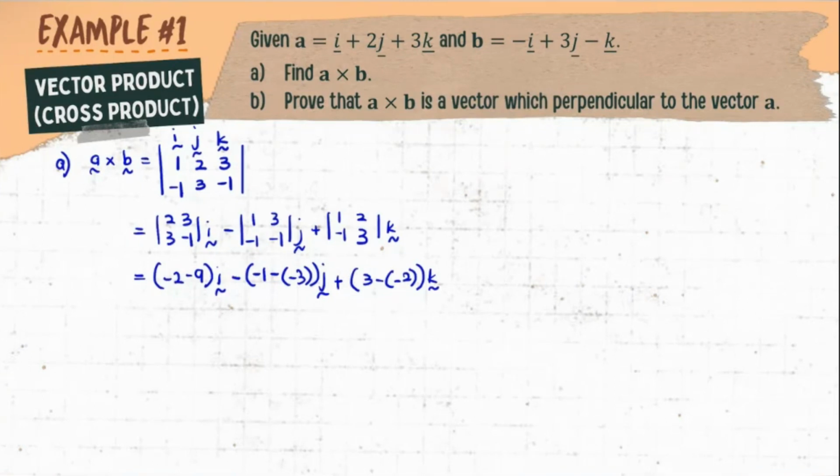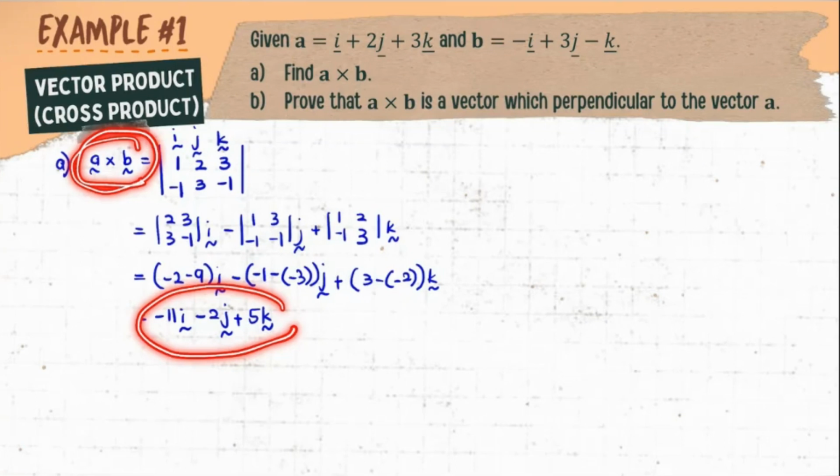So negatif 2 minus 9 dapat negatif 11 I and then negatif 1 plus 3. So 3 tolak 1 dapat 2 tapi sebab ada negatif dekat depan ni so we have negatif 2J plus okay 3 negatif-negatif will be positive so 3 tambah 2 dapat 5. So 5K. So now you can see the cross product antara A dengan B kita akan dapat negatif 11I minus 2J plus 5K. So this is your answer lah.